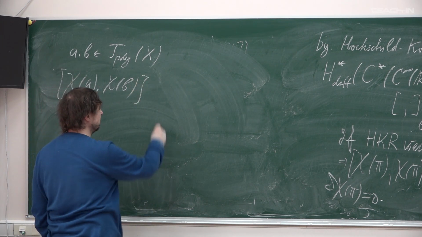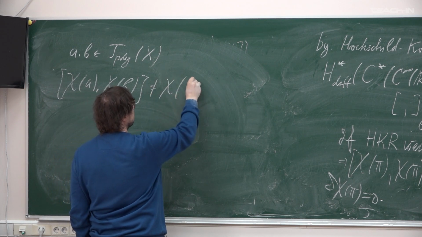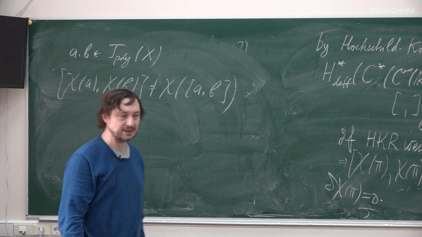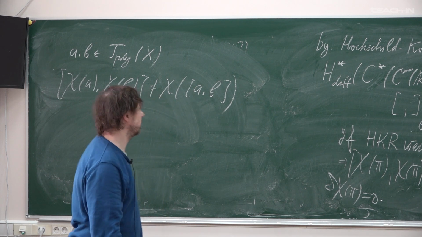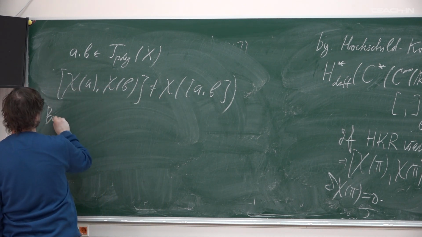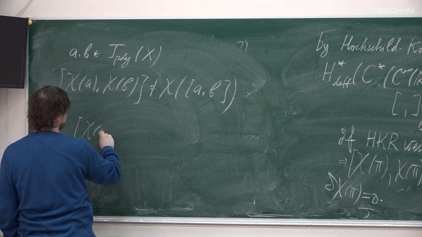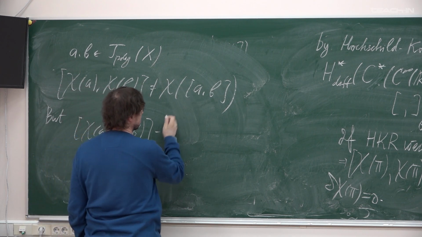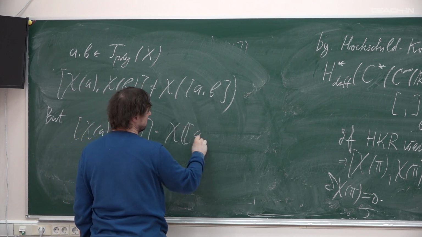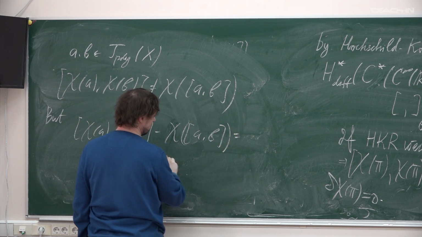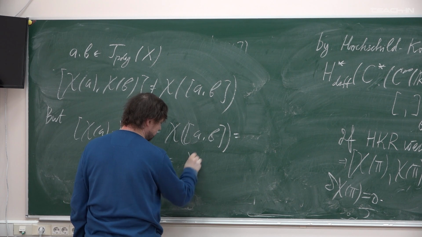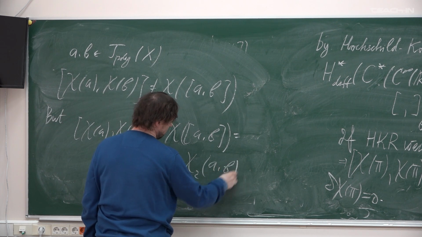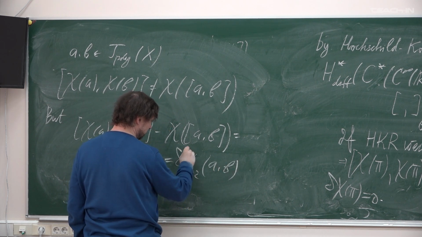And this will not be equal to chi of the commutator of A and B, but instead, since chi still induces the isomorphism in cohomology, the difference will be equal to a certain element, a certain map chi_2 applied to A, B. And here we need to apply delta.